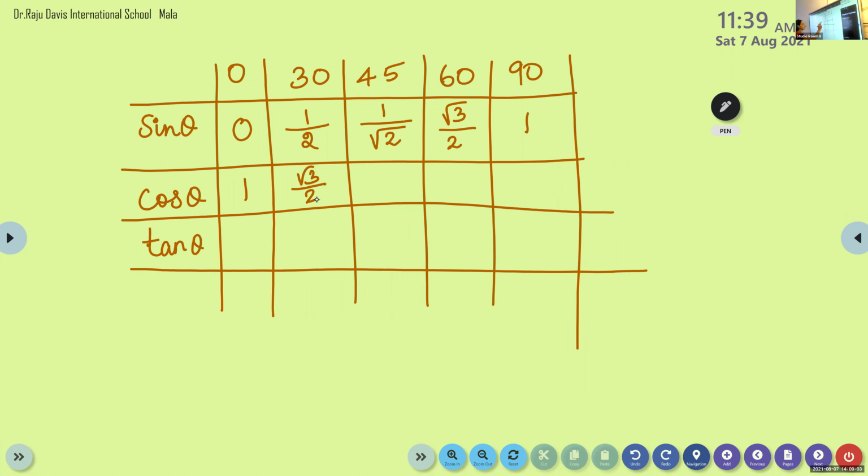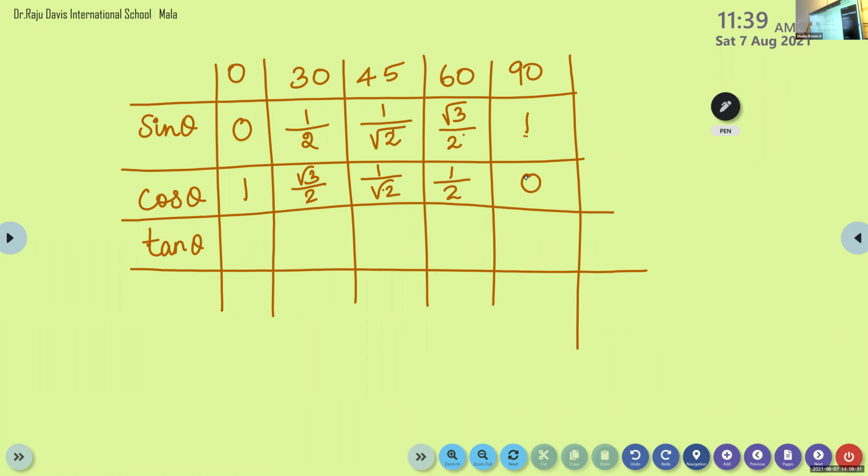Cos 45 will be the same as sin 45, 1 by root 2. Meghna, what will be cos 60? 1 by 2. Very good. And cos 90, it will be 0.